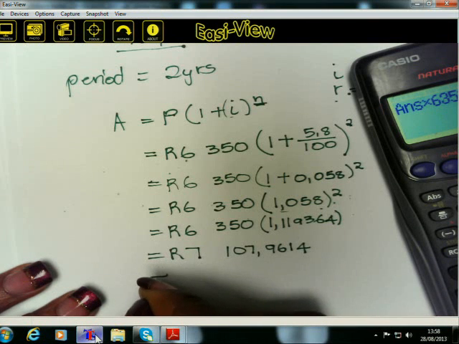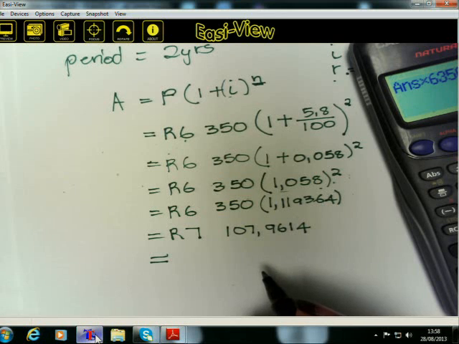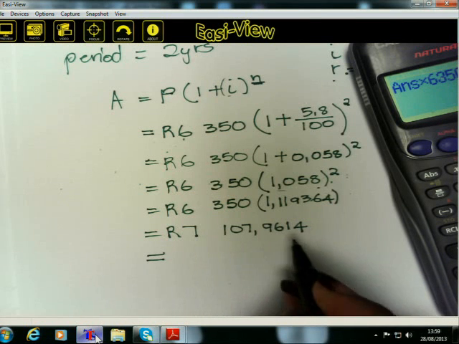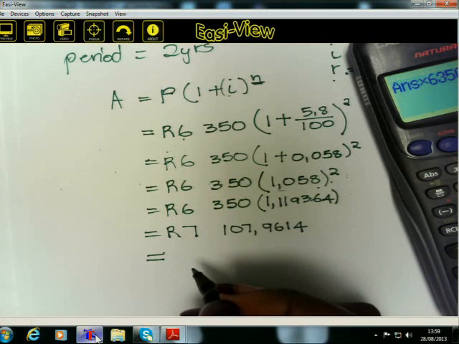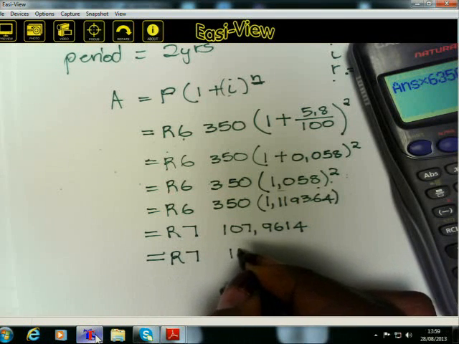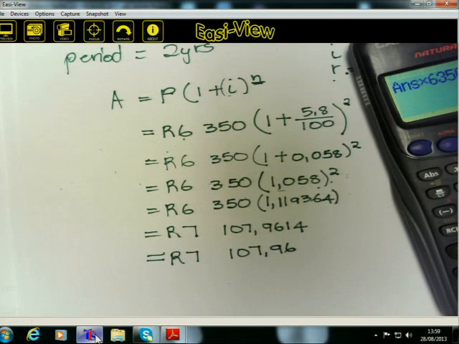But now, as you can see, we will have to round off to 2 decimal places. Yes, there was no special instruction, but the general instruction says round off to 2 decimal places. Even if you were not told this is money, in South Africa we only have 2 units after the comma when we talk about money. So our final answer is 7,107 rands, 96 cents. That is when we round off.